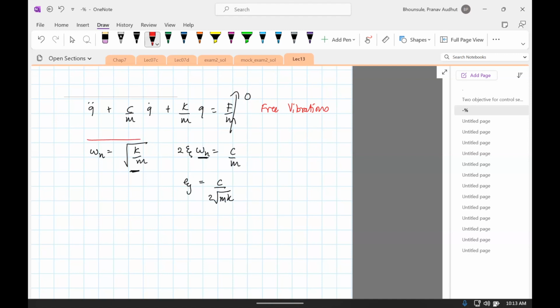These are the two important quantities you need in describing the motion of a spring mass system. The damping constant is psi.